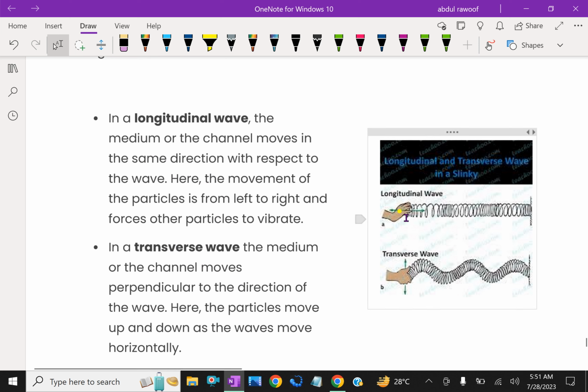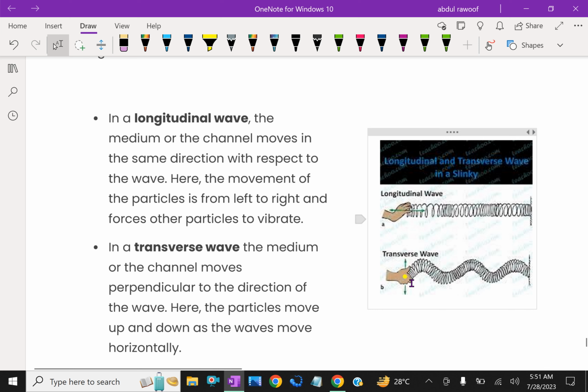Look here. Suppose a spring has one end fixed to a surface, that is a wall. You pull the spring and release it, so it vibrates like this. That is a longitudinal wave.